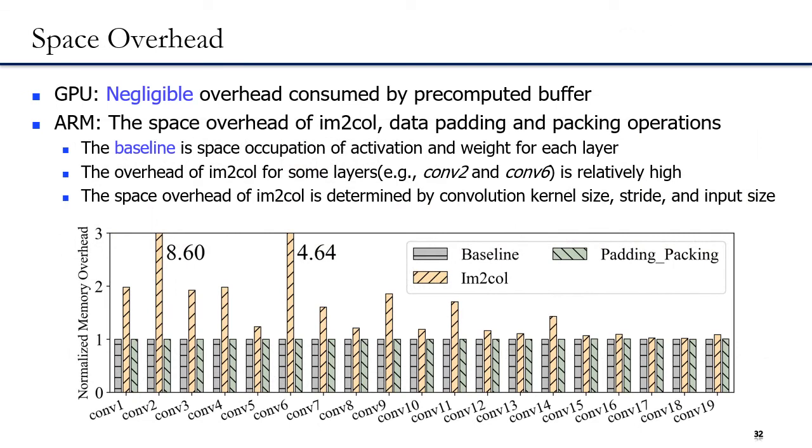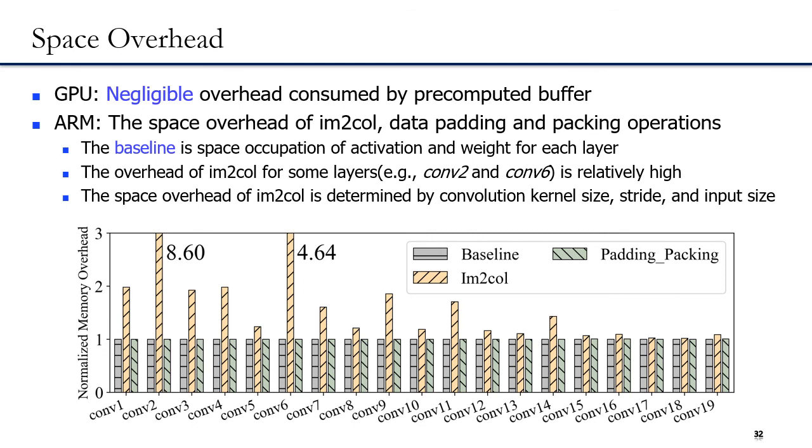Let's discuss the space overhead. On GPU, only the pre-computed buffer occupies negligible global memory space. On ARM CPU, this figure shows the space occupation of image-to-column and data padding and packing. The baseline is the space occupation of input and weight for each layer.